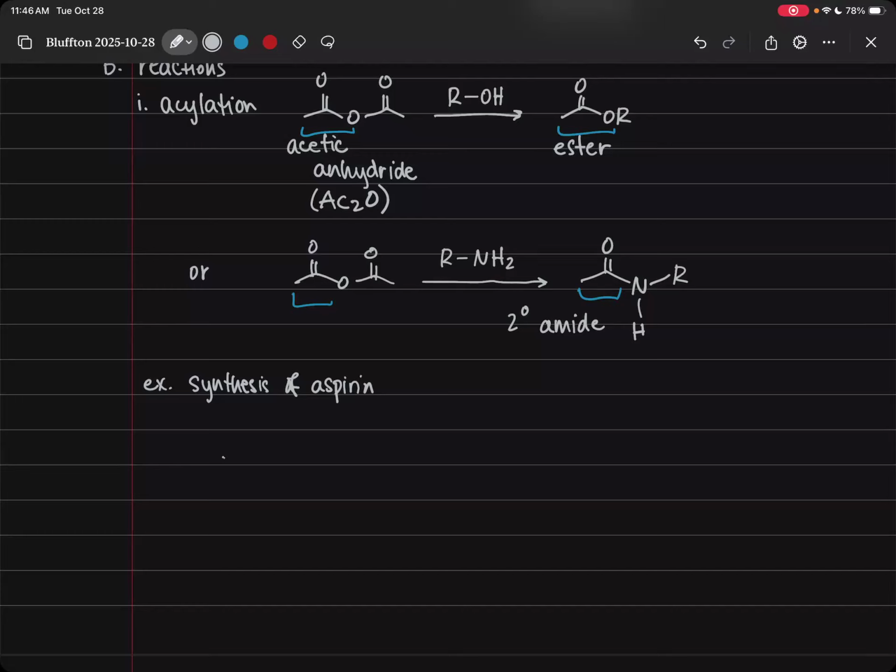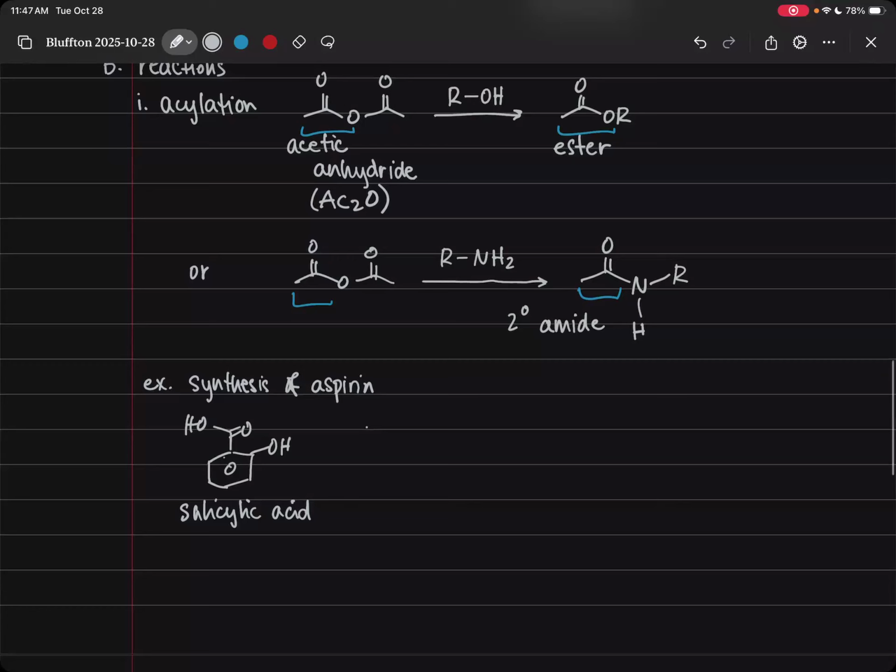So in that reaction, we started with salicylic acid. Now I've got two functional groups here, an alcohol and a carboxylic acid. And we treated that with acetic anhydride, Ac2O. And we got aspirin.